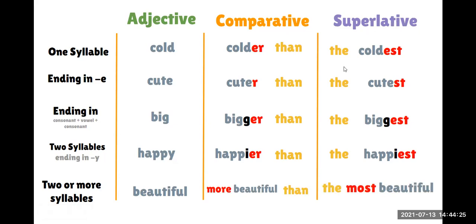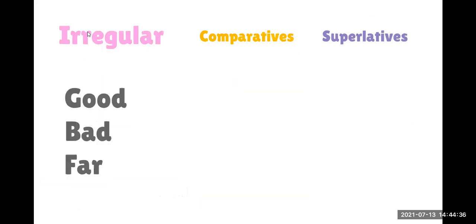So these are the rules that you have learned before in other levels, right? So today we are going to learn some other things. Before that, I want you to check the irregular comparatives and superlatives, because we can't add ed or est to these adjectives, okay?